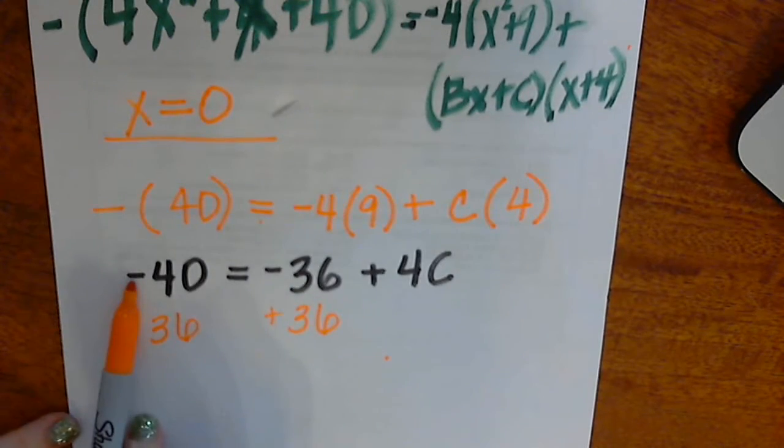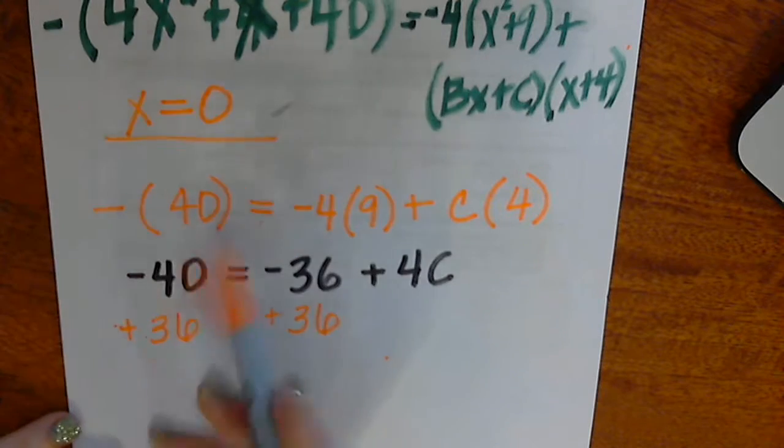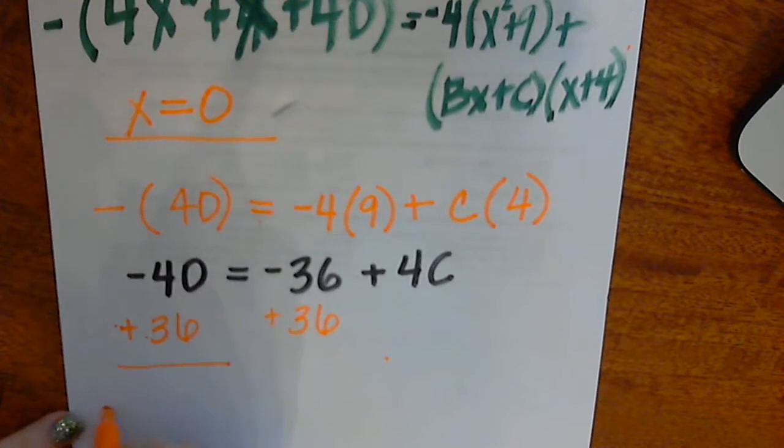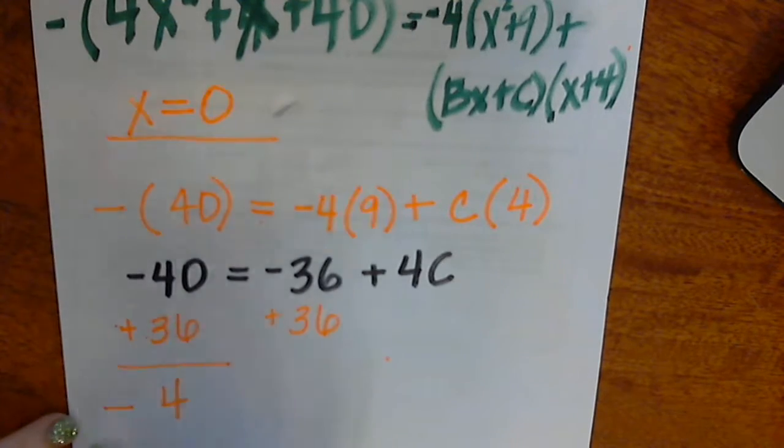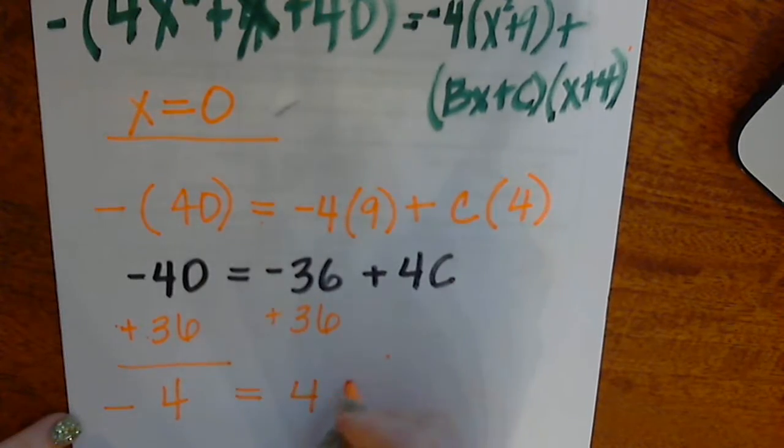So a -40, if this is negative and this is positive, we know we're going to subtract because the signs are opposite. But you want to keep the sign of the bigger number. 40 is bigger than 36. Since 40 is negative, we're going to keep the negative sign. 40 minus 36 is 4. So -4 is the answer, equals 4c.